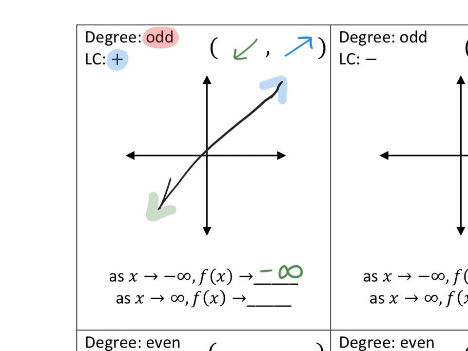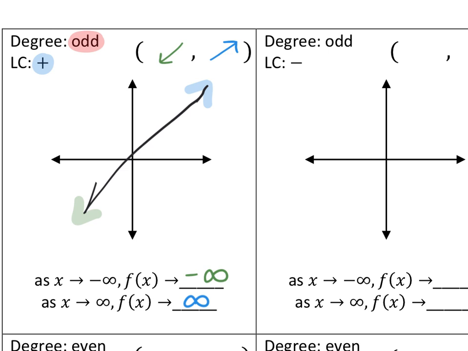It's going down. So we say negative infinity because the y values, or f of x, is going downwards, which means, what am I going to put on the next blank? Positive infinity, because on the right side, which is x approaching positive infinity, that arrow is going up. End behavior, that's it. We're just talking about what direction the end arrows are going for any particular graph. That's it.